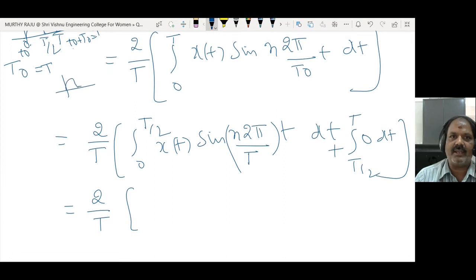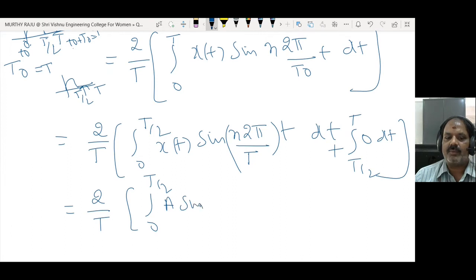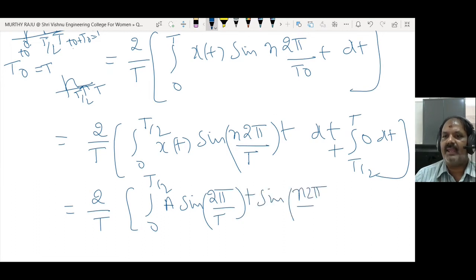The waveform does not maintain any value in that interval, T by 2 to T. Therefore, the integral is 0 to T by 2 of x of t, which is A sine 2 pi by T into t, times sine n 2 pi by T t.